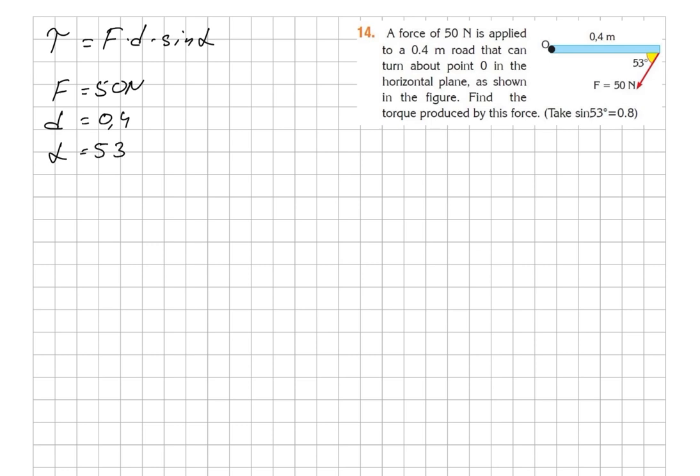So torque is equal to 15 newtons times 0.4 times sine of 53. Torque is equal to 20 times 0.8, which is equal to 16 newton meters.